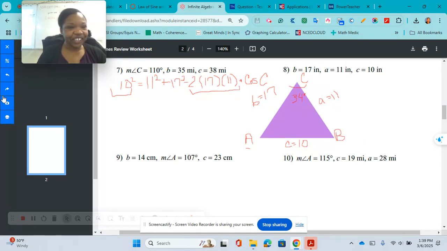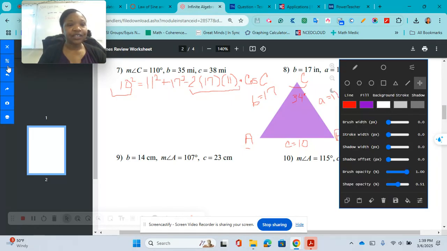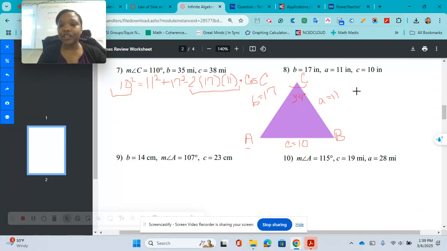All right. Now we can use the law of sines because now we have an angle with its opposite side length. So for the law of sines we could use 10 over the sine of 34.